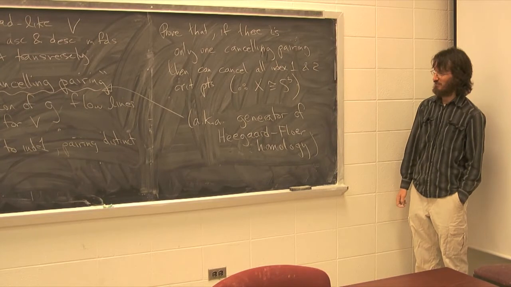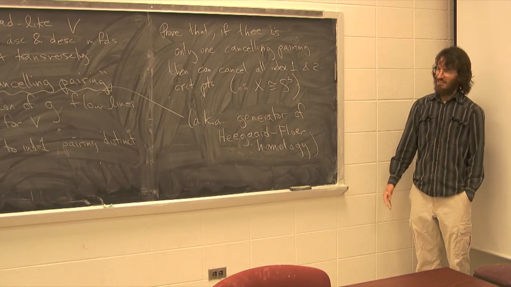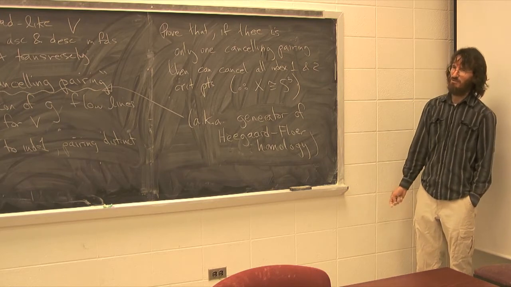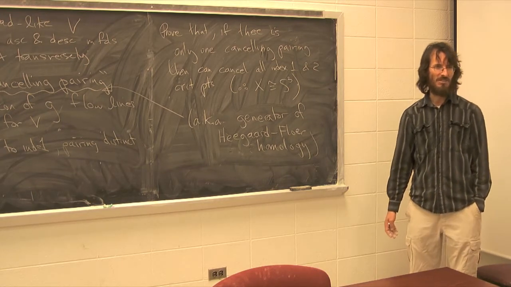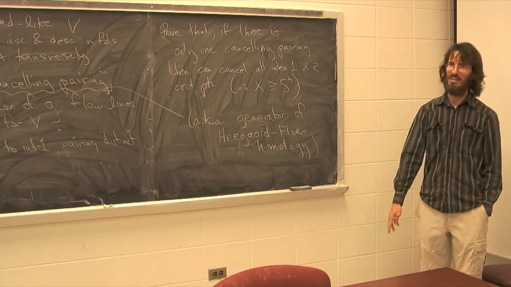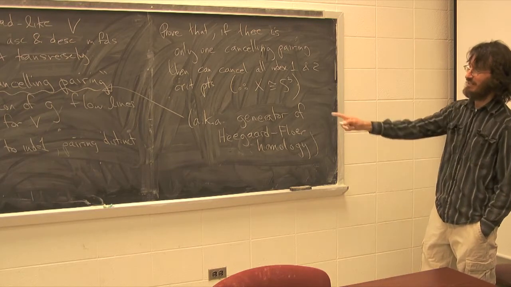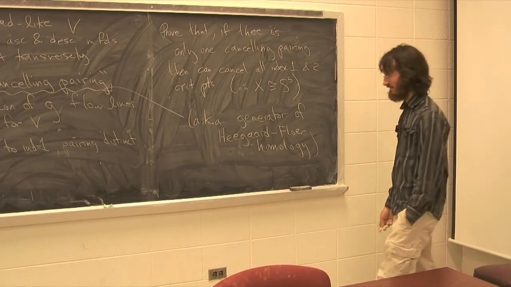If you haven't heard of it, it's a particular invariant of three-manifolds that is constructed using Heegaard diagrams, and it's a chain complex with a boundary map and so on, but it's not standard homology at all. And the generators are precisely these things.